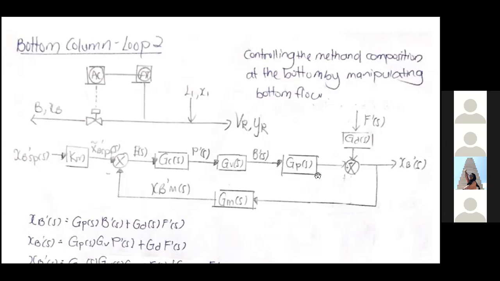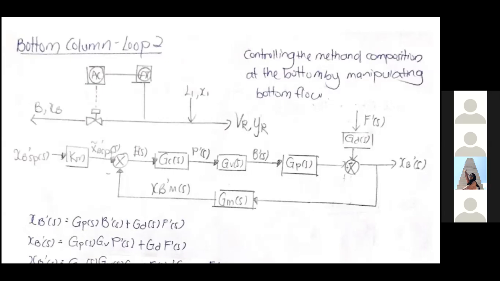GDS is the disturbance transfer function, where the feed flow rate is the disturbance in this loop. The signal that comes out is the final bottom composition, XBS.